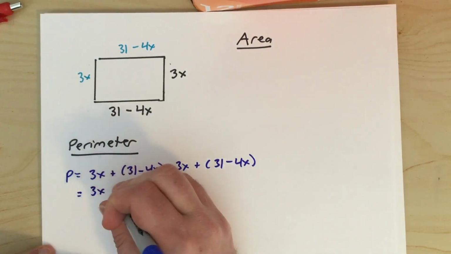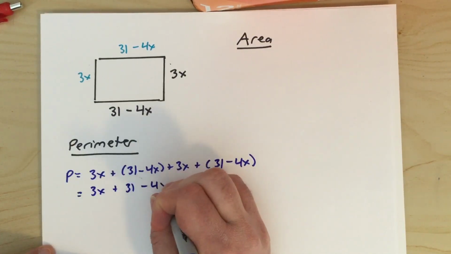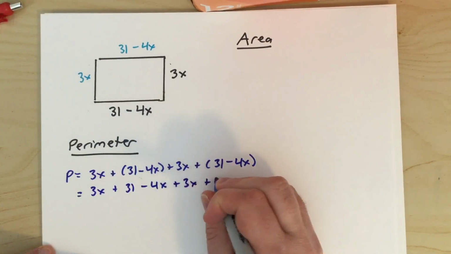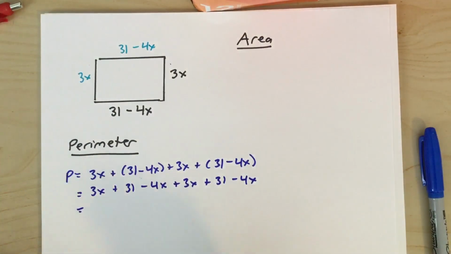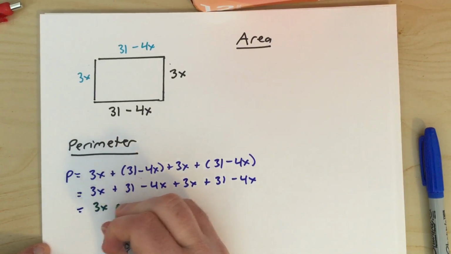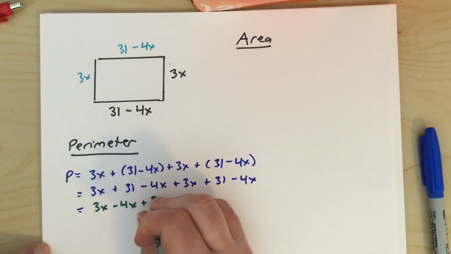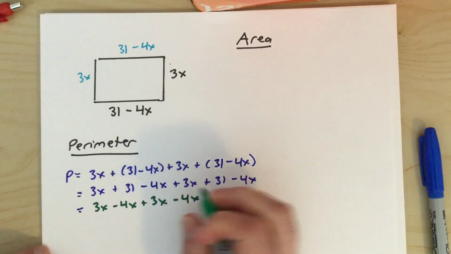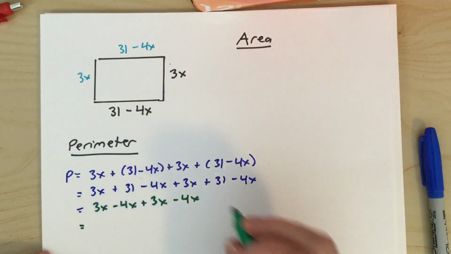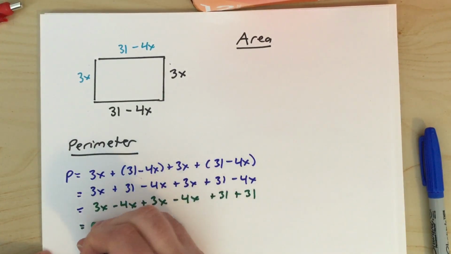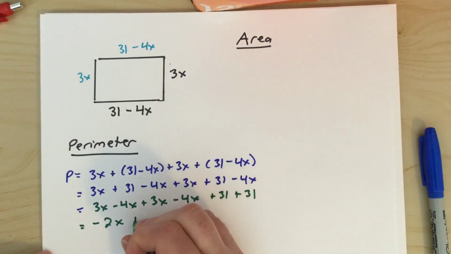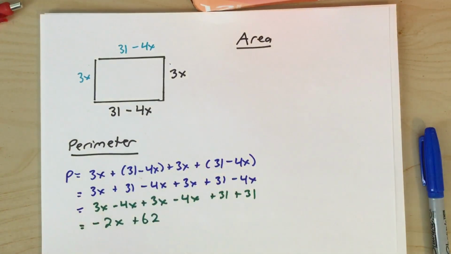Just get rid of the brackets because there are pluses in front of the brackets, which is going to be 3x minus 4x plus 3x minus 4x, plus 31 plus 31, which is going to be minus 2x plus 62. We have a perimeter that's negative 2x. We'll see in a second if that makes sense or not.